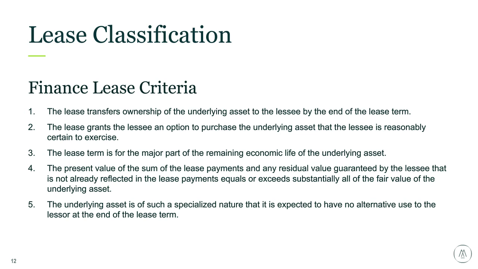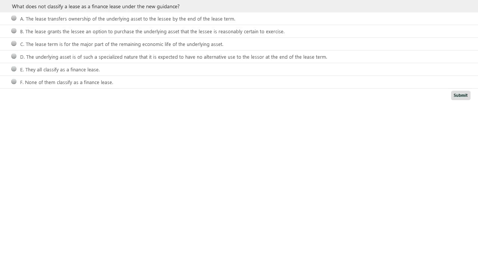So we're going to go into our next polling question. I'll hand it back over to Emily. All right, our second polling question. What does not classify a lease as a finance lease under the new guidance? Your options are: A, the lease transfers ownership of the underlying asset to the lessee by the end of the lease term.